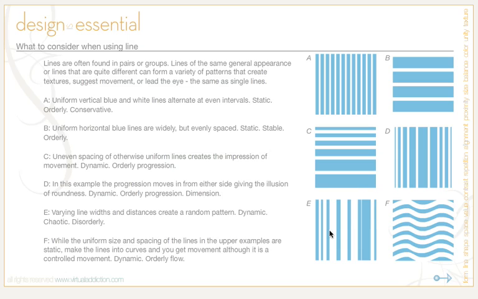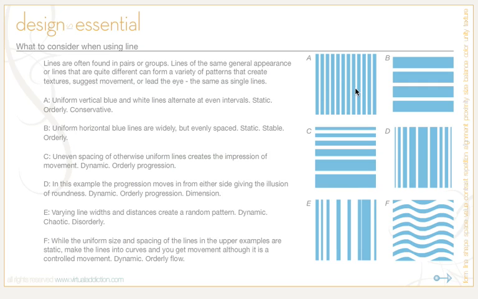You may or may not want to project an image into your project. If you look at these simple illustrations of lines here, you can see how the patterns are going to illustrate static, dynamic, and random uses of lines and how they convey different feelings. In the first example here, I have uniform blue and white lines, and they alternate at even intervals.